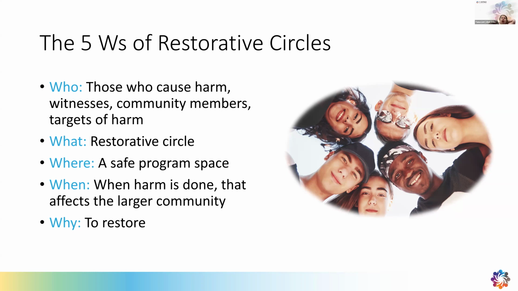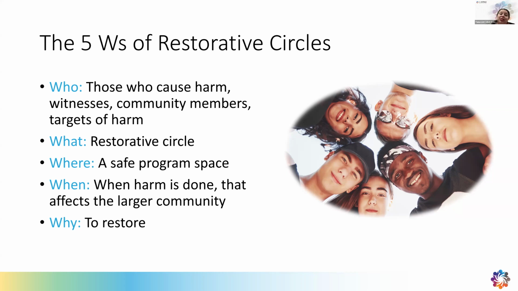Obviously, it's a restorative circle. Where would a restorative circle take place? The way a restorative circle generally looks is you are standing together in a circle. So you want to have that happen in a safe program space where you're able to talk and there's that level of privacy available. So when that is possible, you want to have that kind of safe environment.